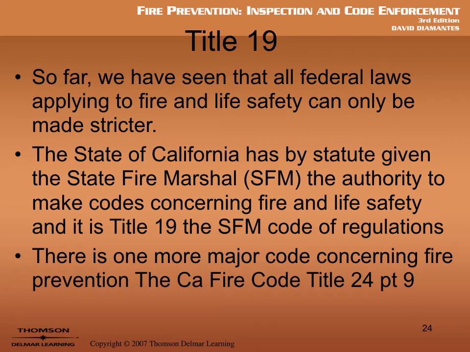Secondly, the state of California has by statute given the state fire marshal authority to make codes and regulations, which is called Title 19, the State Fire Marshal Code of Regulations. That's one of the main sets of laws that fire prevention inspectors are going to use. But there's one more major code concerning fire prevention, and that's called the California Fire Code, Title 24, Part 9. Well, where do we get that one from?